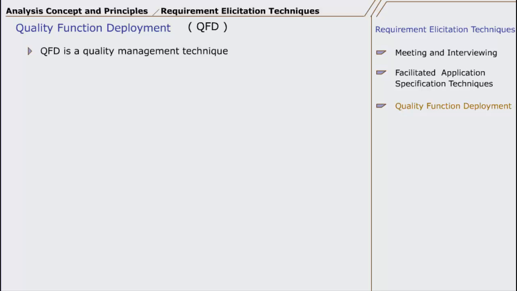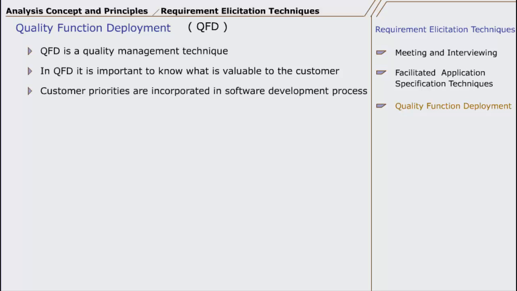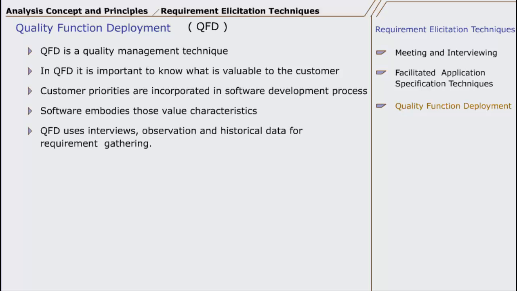In the QFD approach, it is of utmost importance to know what is valuable to the customer, and to order these values from most valuable to less valuable. Once customer priorities are known, they are incorporated in the software development process so that the software, when developed, embodies those value characteristics. It uses customer interviews, observation, and historical data for information gathering.